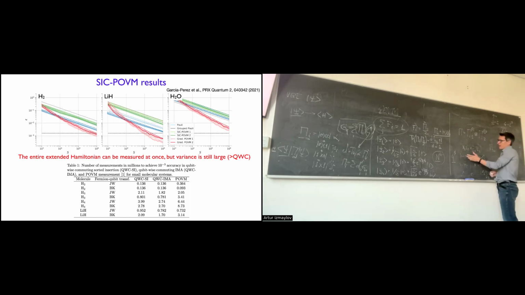You learn about the entire thing, and I learn about this and this separately. But I can build the entire thing from the separate measurements by just summing the expectation values, right? And the variance may be better if you learn about the parts rather than the whole thing, right? So no one guarantees that learning about the whole thing will be better.